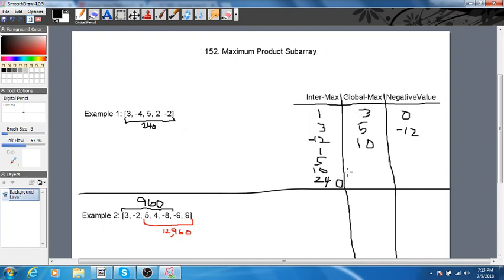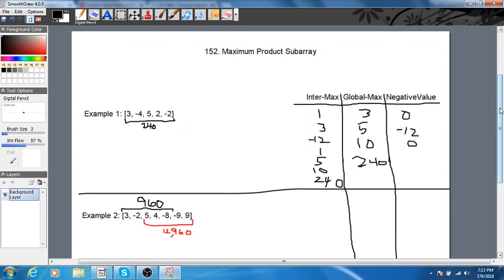We compare that to our global max, and our global max becomes 240. And we set this negative value back to 0, since there's no negative value left over that we could use for a reset.